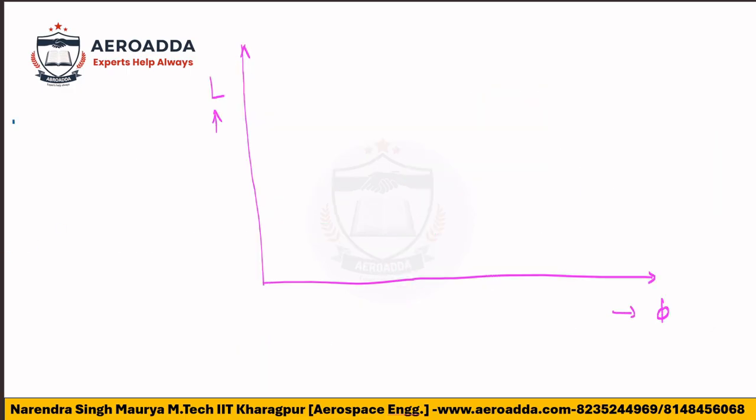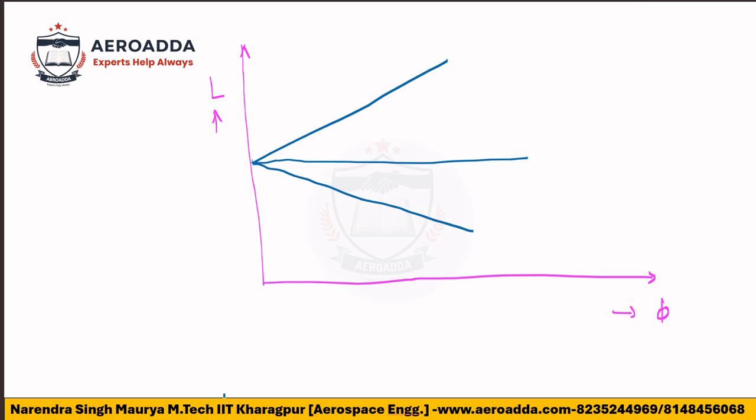Now I will show this change. This is the graph. Everybody can see. This graph is nothing but dL by d phi, which is less than 0. Here dL by d phi is equal to 0, and here dL by d phi is positive.